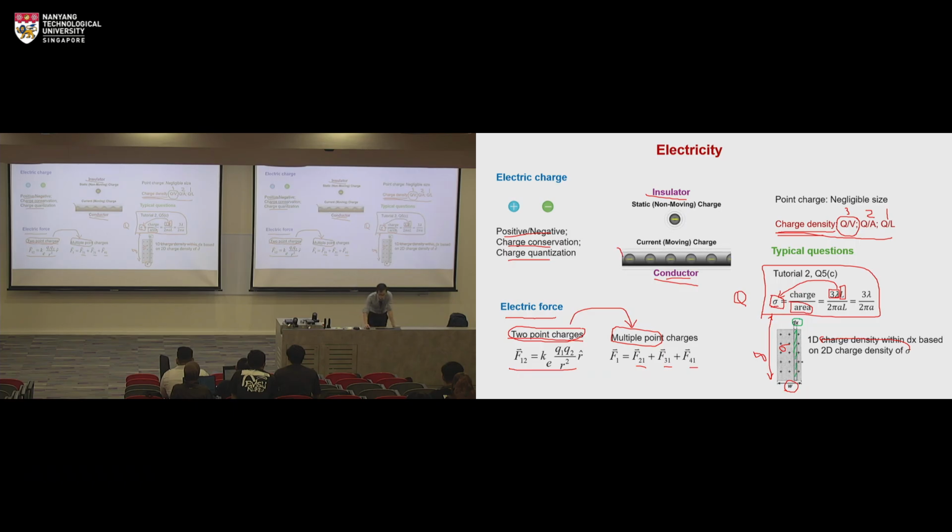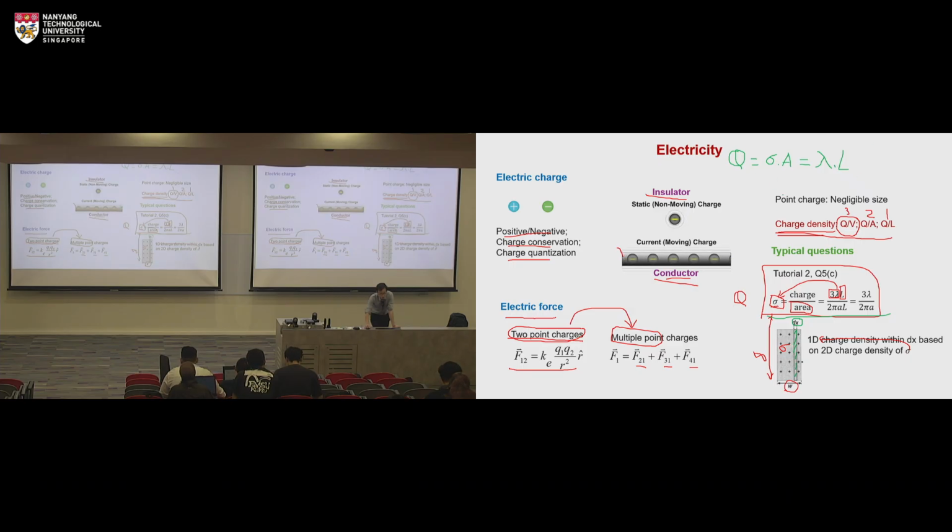Again, if you follow what we did in the tutorial, the total charge should be the same whether based on the two-dimensional density or on the one-dimensional density, lambda.